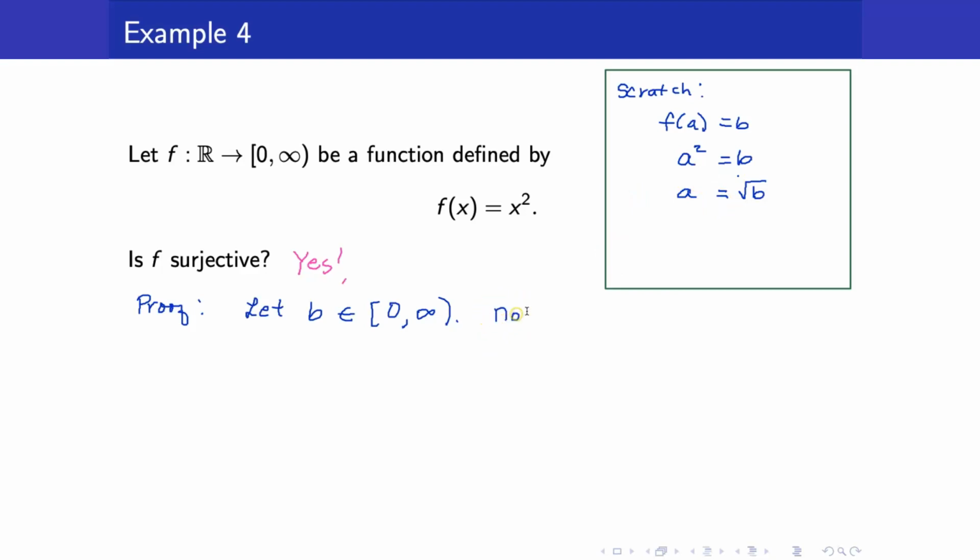So you can also drop the use of a. I will just go directly to square root of b. I will just show that f of square root of b is equal to square root of b squared, which is equal to b. So this is it. This is already saying that the pre-image of b is this one, square root of b. I no longer used a.